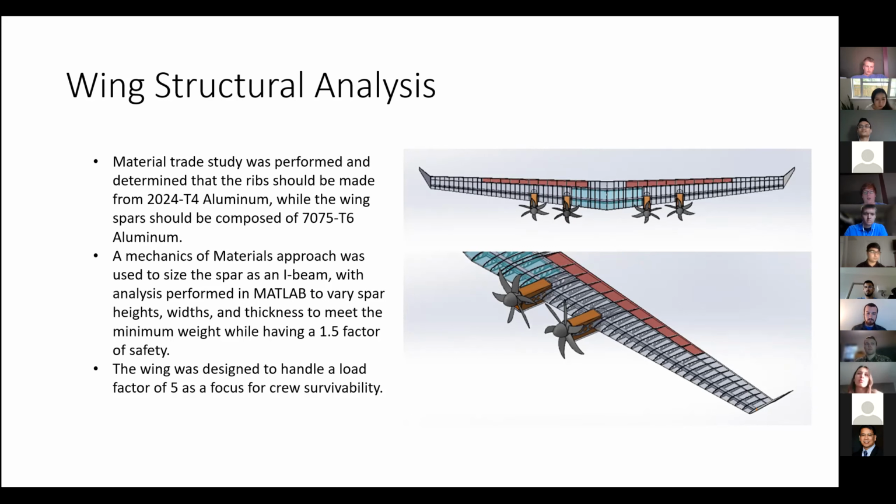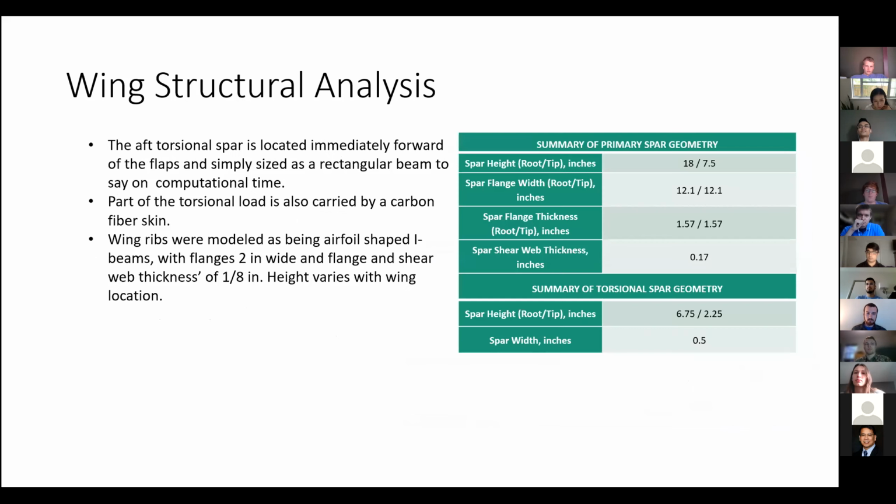Additionally, as stated earlier, we wanted a load factor of 5 with a focus on crew survivability, so that pilots could quickly maneuver in the valleys of California or wherever they may be. On the right, we have various parameters of what the spars ended up being. Again, we have a primary spar. We also have a torsional spar in the back that runs along the flap hinge.